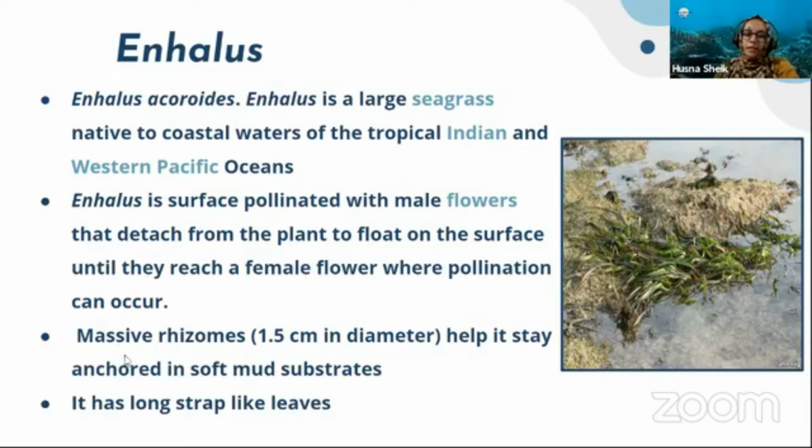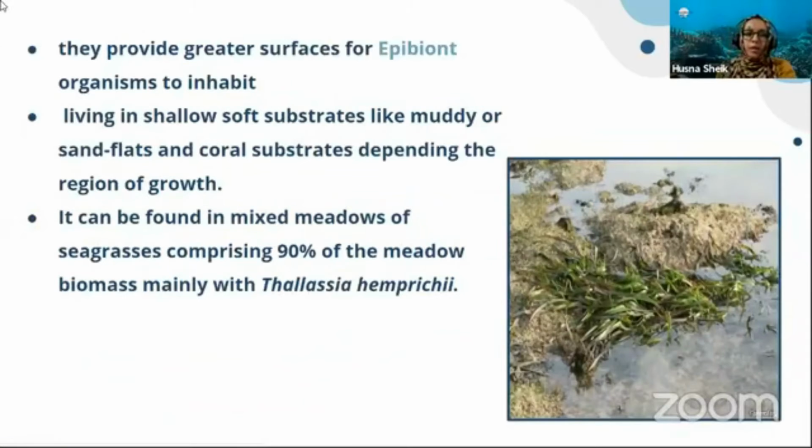They have a massive rhizome that helps them stay in the ocean floor or mud substrate, and it has long strap-like leaves, very long ones. Due to their length and width, they have a high surface area, so epibionts, organisms, get attached to the leaf and provide habitat for small organisms.